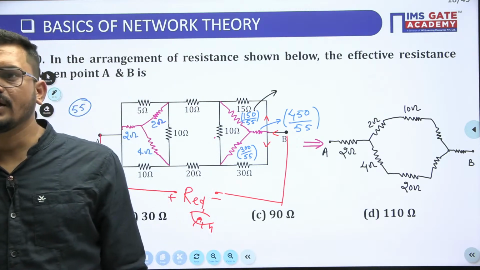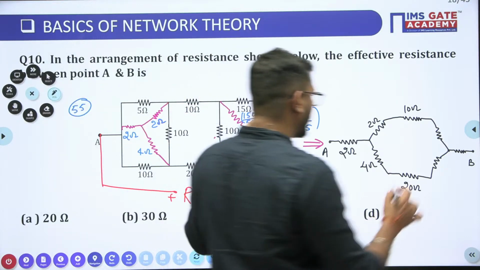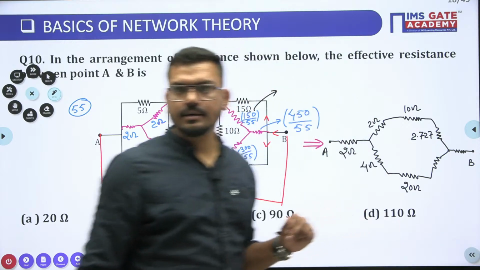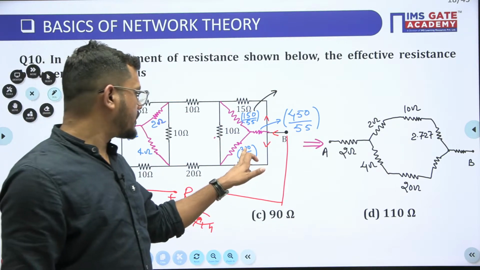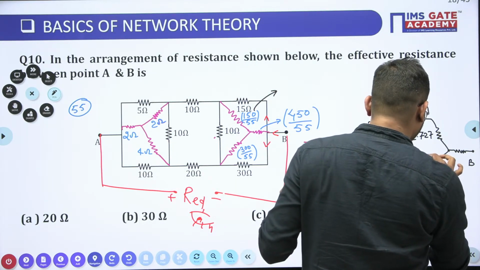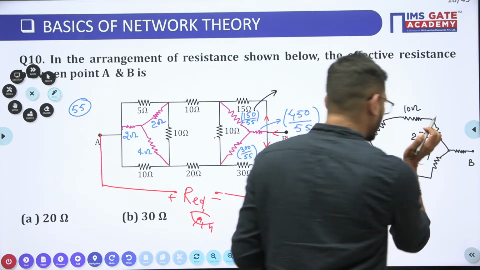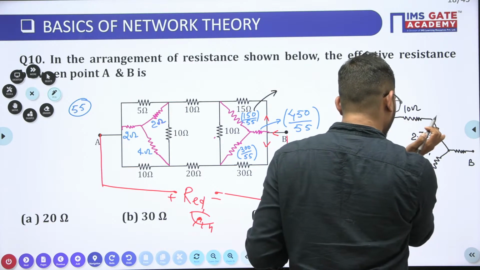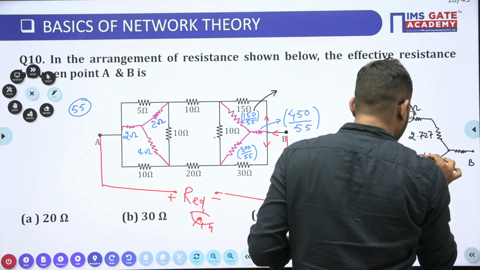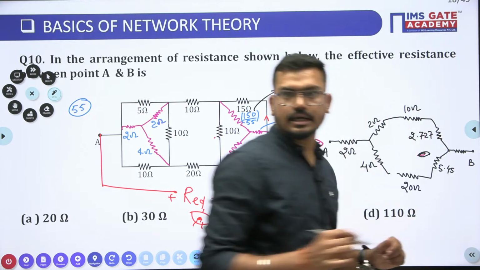So 2.727. Is it correct? Very good. And what about this 300 by 55? It will be 2 times that, so this is 5.454.